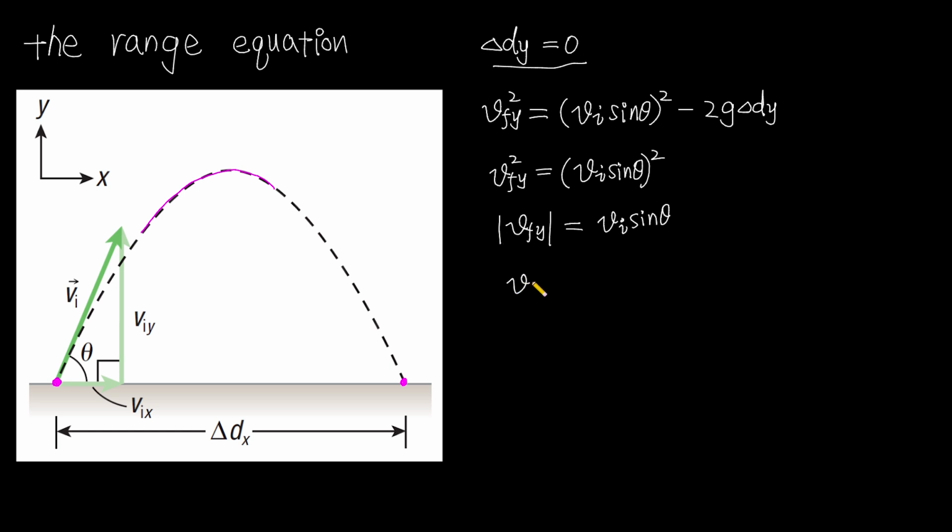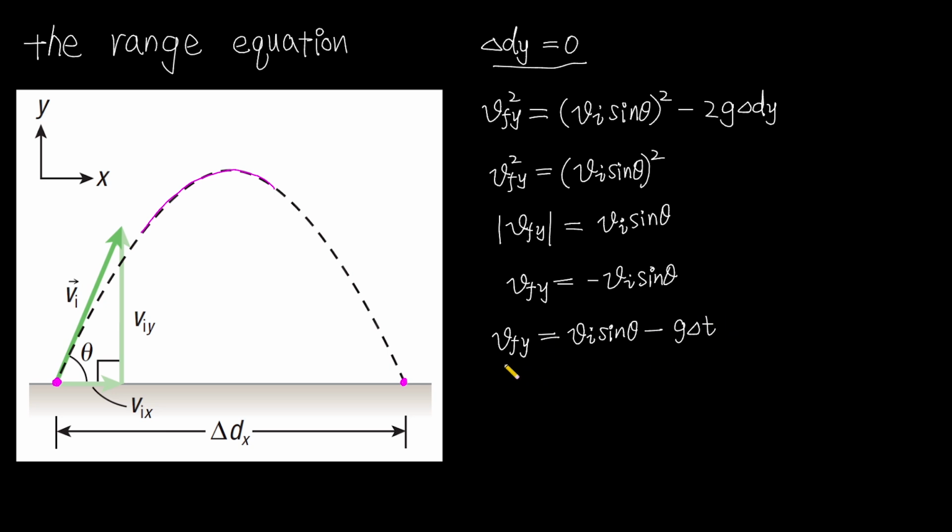So the final vertical velocity equals negative the initial velocity multiply sine theta. We also know this formula. The final vertical velocity equals the initial velocity multiply sine theta, then minus acceleration g multiply time interval delta t.